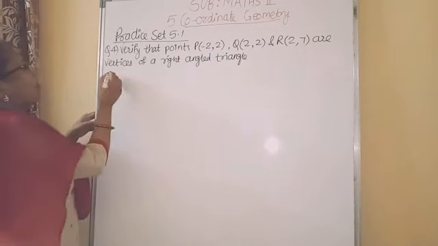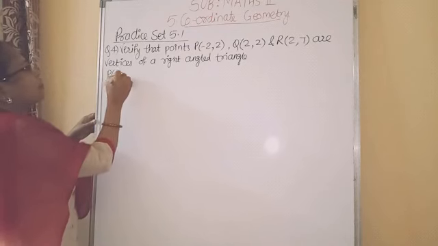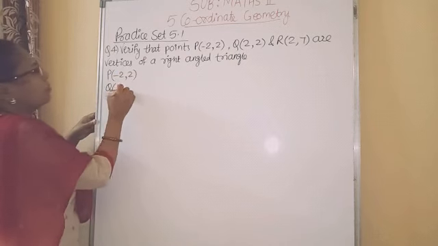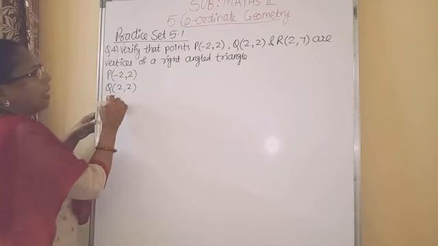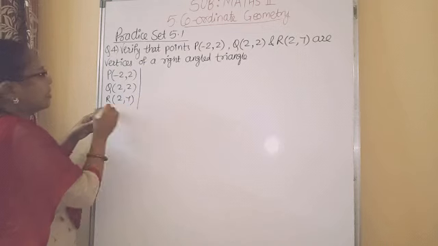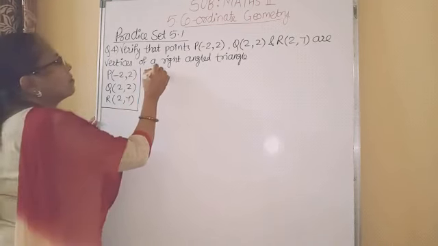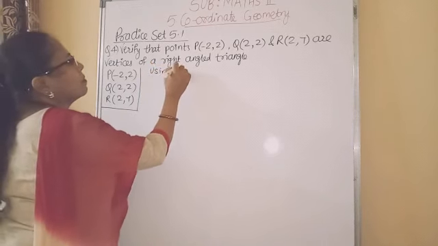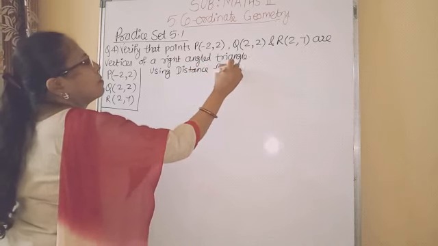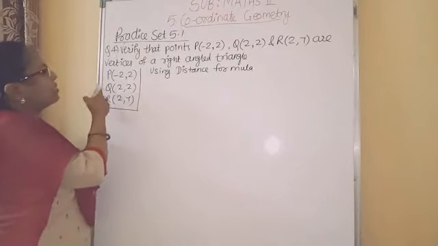We will write the points here first. Point P is having coordinates (-2, 2), Q (2, 2) and R (2, 7). Okay, these are the 3 points. So using the distance formula, we will first find out length PQ.